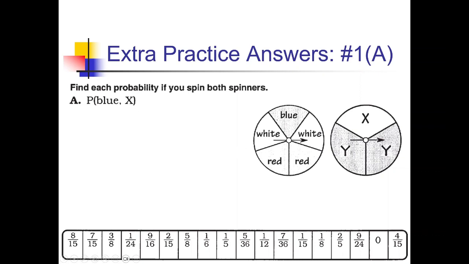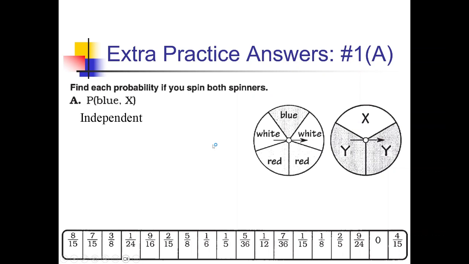Since we're dealing with these spinners, what I get on one spinner has nothing to do with what I spin on the other spinner. These are independent events. One does not affect the other. So because these are independent, I'm going to calculate each of the probabilities individually, and then multiply those probabilities together.